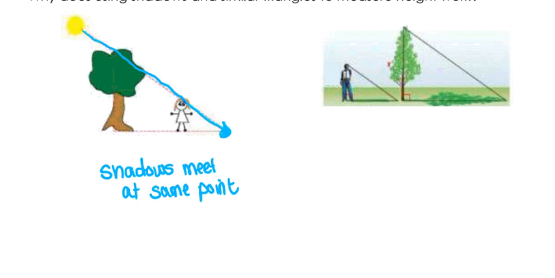In this scenario, we still have two triangles, a larger triangle and a smaller triangle. Because the objects will always stand upright and make a right angle with the ground, and these two share an angle, those two triangles are going to be similar by angle-angle similarity.